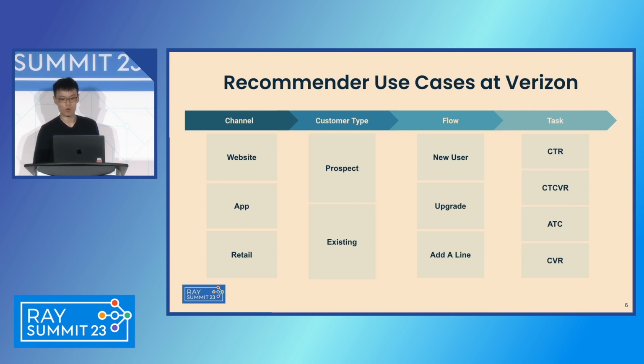And last, we look at the task. When we say task, we're really talking about the optimization goals, things like click-through rate, click-through conversion rate, add-to-cart rate, and conversion, just being a few examples. The point here is that it can go very deep, depending on which use case we're talking about.